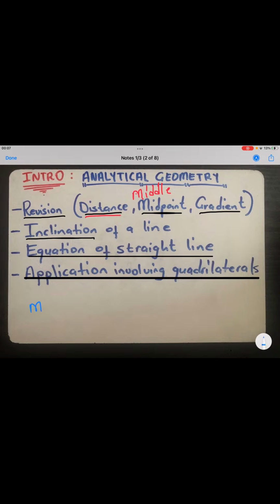We know the formula says it is change in y over change in x. When you expand that, you end up having y2 that you minus with y1 over x2 that you minus with x1. Again, you need 2 things, which obviously could be 2 points.